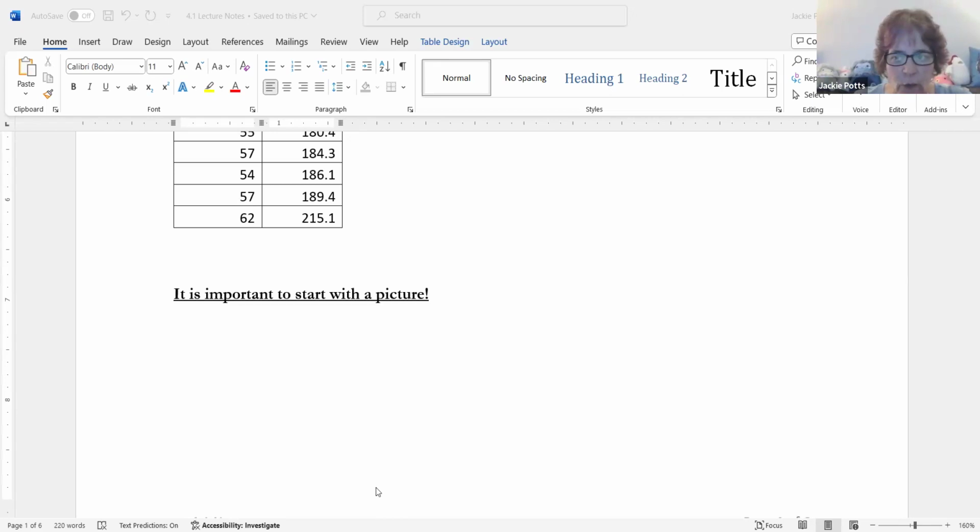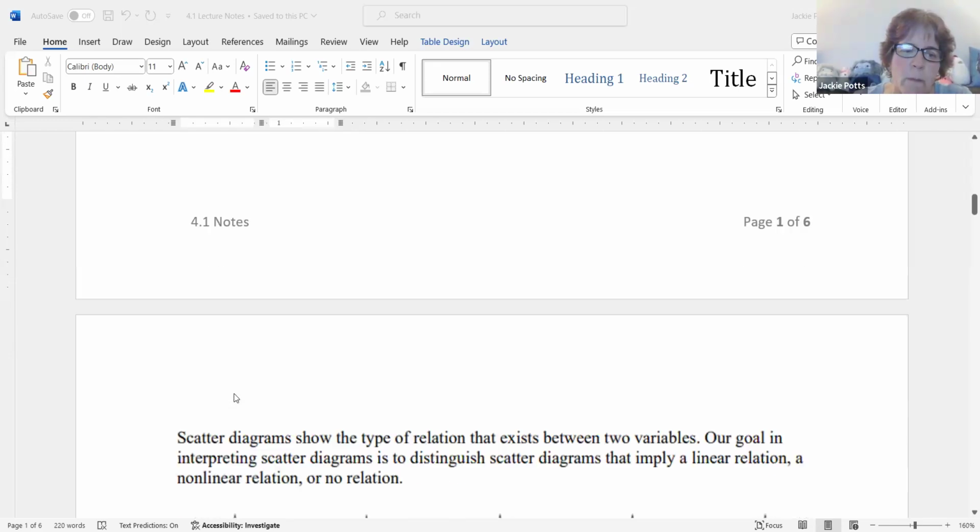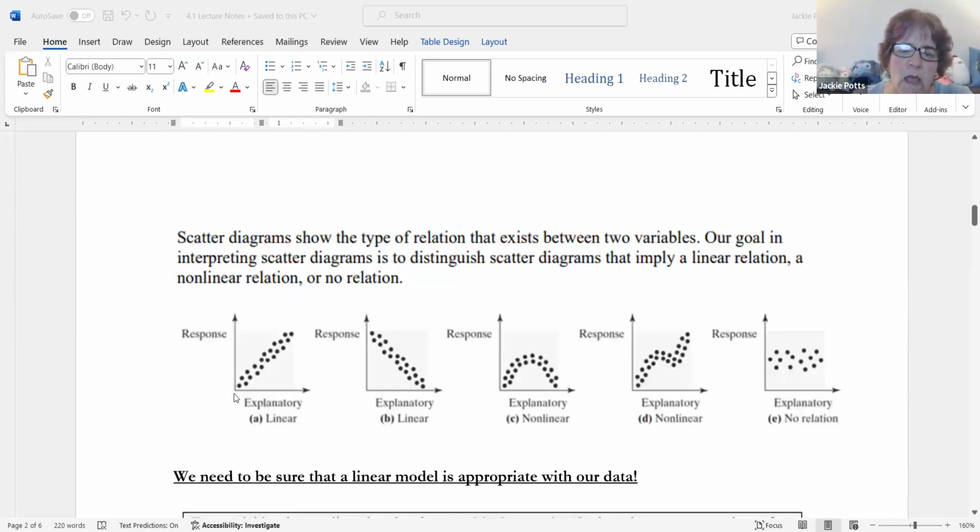Well, when we're doing linear regression, we start with a picture, and the picture we start with is a scatter plot. Now, there's a reason for it. Here are 5 different versions of a scatter plot. The biggest reason why we run a scatter plot is, one, we want to see, does it have a shape?